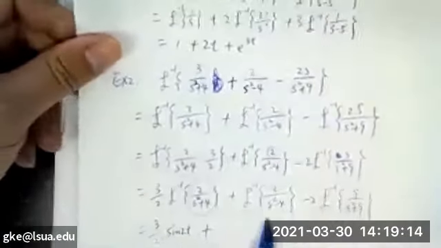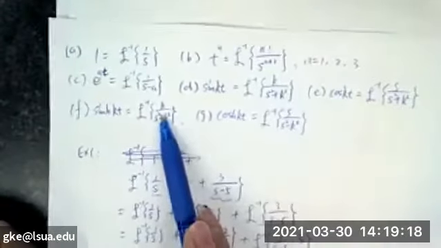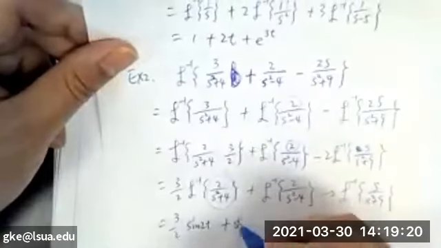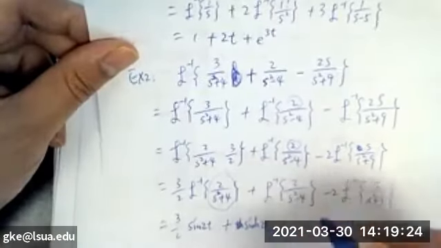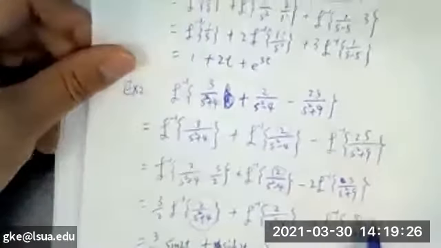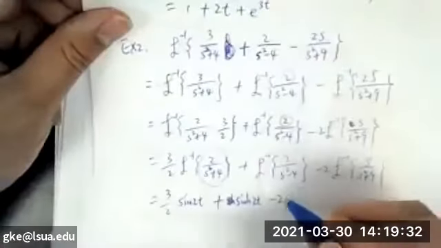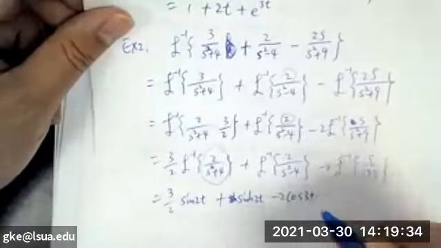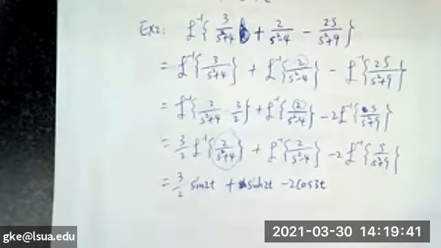The second term, s squared minus 4 is here, sinh 2t. And the last term should be k equals 3, should be here, cosine 3t. Okay, that's it. That's the answer. Let's continue.